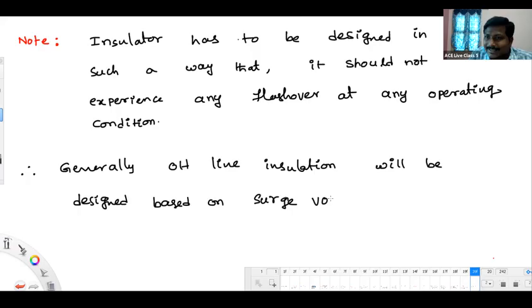Surge is nothing but transient. Don't feel that's a new term; it's a synonym for transient. Surge voltages. Okay, so now we'll be continuing with the different types of overvoltages.